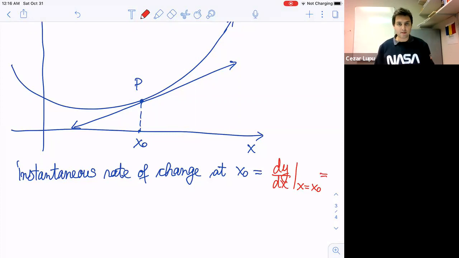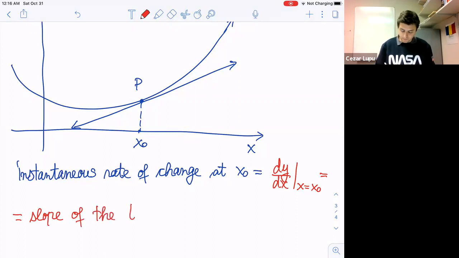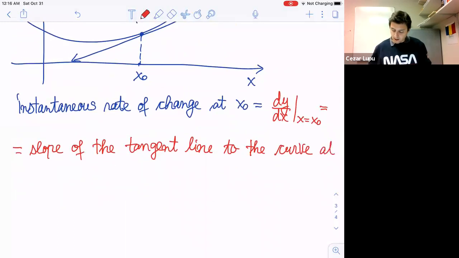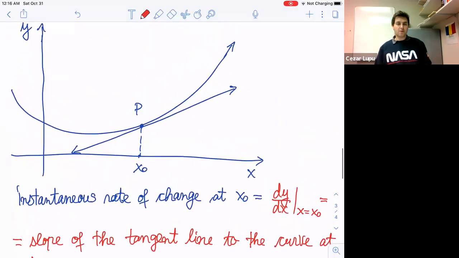And this is equal to the slope of the tangent line to the curve at x equals x naught. And now, well, I think you got the picture now. As you can see, the slope of the tangent line, so it's tangent at this point.